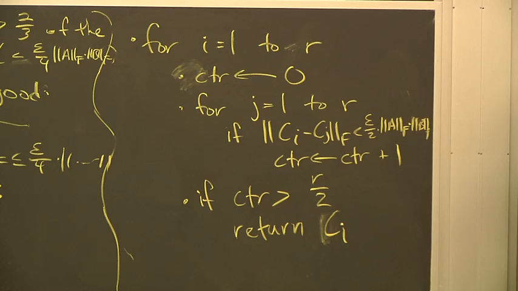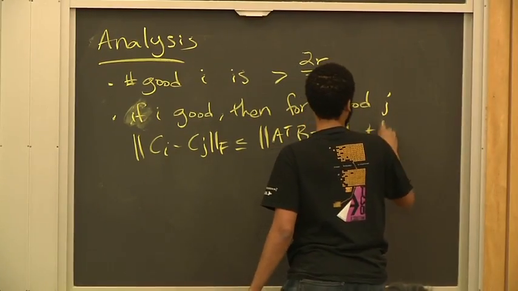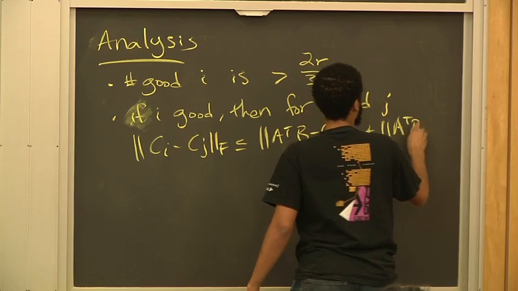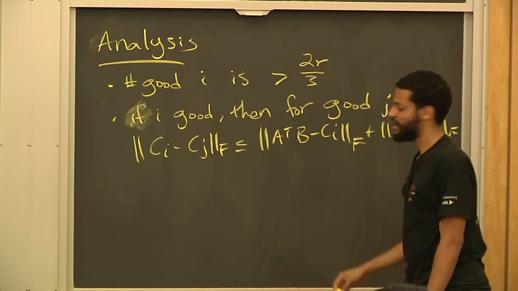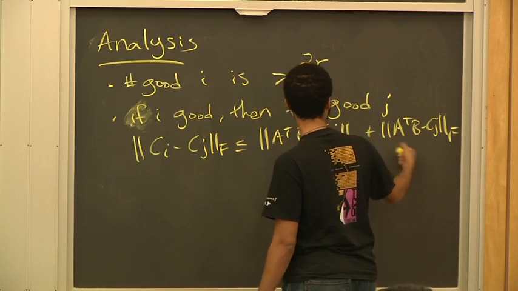If i is good, and when I say good, I just mean the error is small, then for good j, we have by triangle inequality that the Frobenius norm of Ci minus Cj is at most the norm of A transpose B minus Ci plus the norm of A transpose B minus Cj, which is at most epsilon over 4.